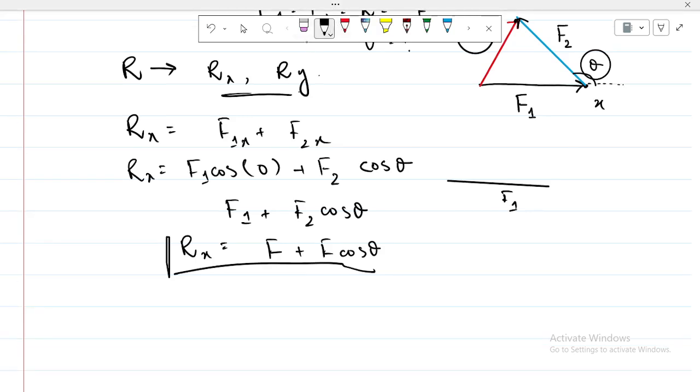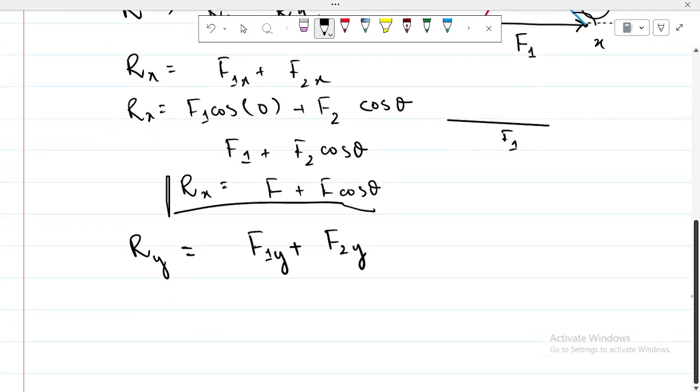Now we go on to write the y component. Similar to how the x component of the resultant was equal to the sum of the x components of the forces, the y component is also going to be the sum of the y components of the two. So we have F1y plus F2y.